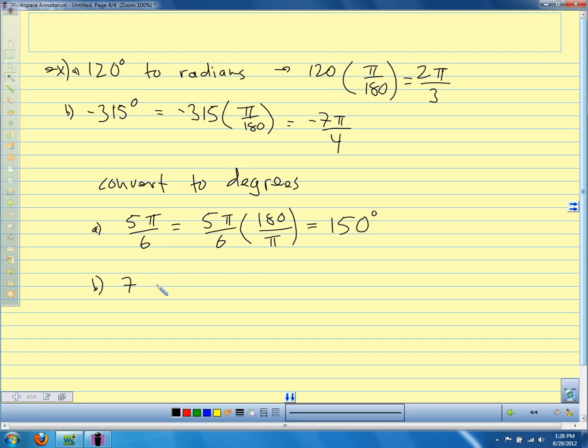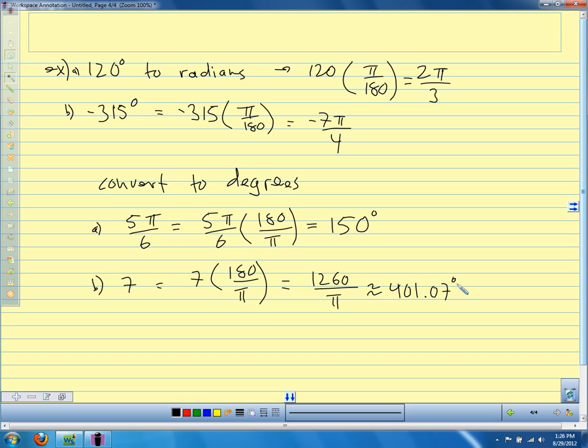7 radians is 7. We're just going to multiply by 180 over pi to convert to degrees. And we get 1260 over pi. 7 times 180 is 1260, divide by pi, and that is approximately equal to 401.07 degrees.